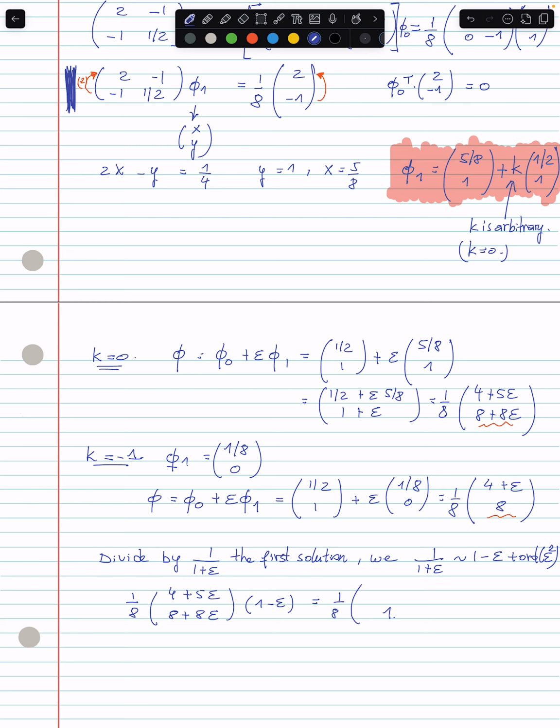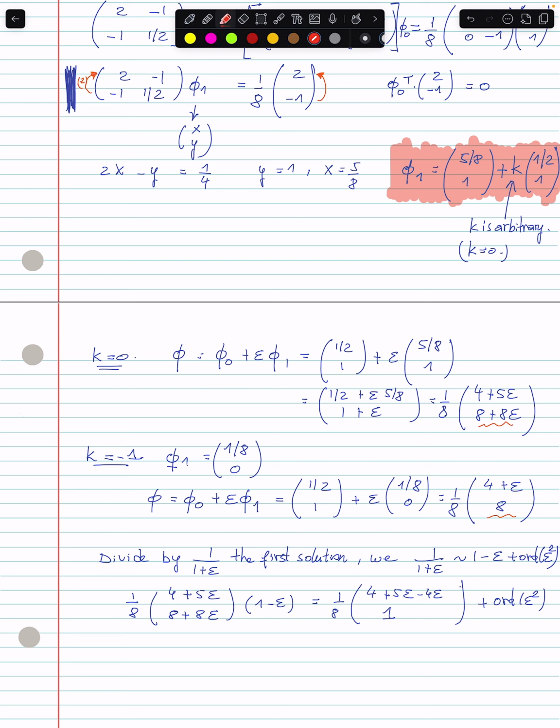So which means that the second coefficient here will be 1 plus order epsilon square if we want. And the first coefficient will be 4 plus 5 epsilon, then minus 4 epsilon, plus terms of order epsilon square.